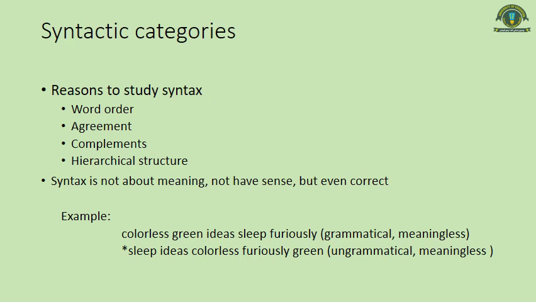And then agreement, the subject and verb agreement, the determiner and noun often must agree. For example, he wants this book. If I say he want this book, I want these books, I want this books.